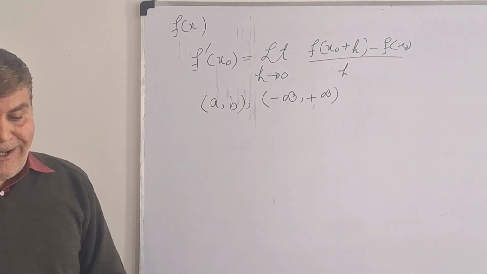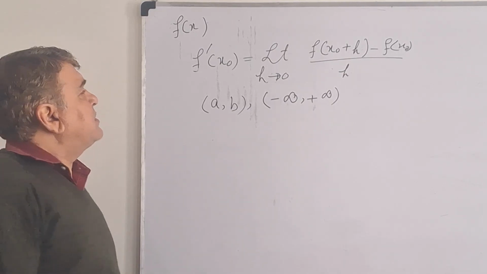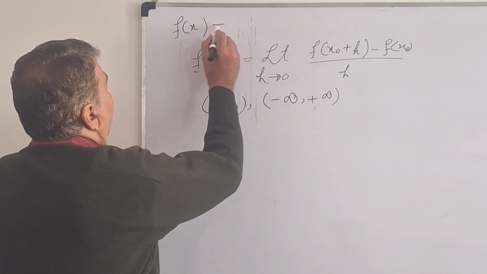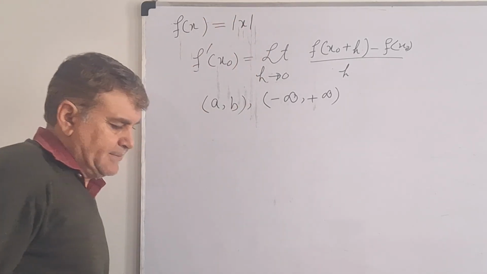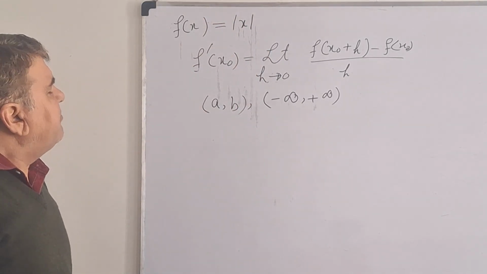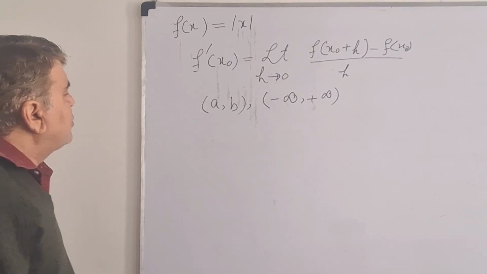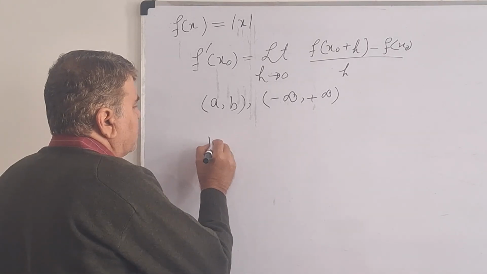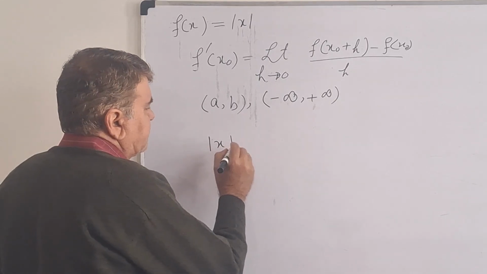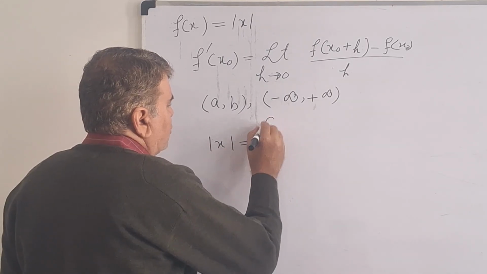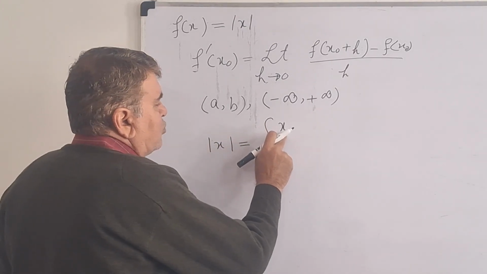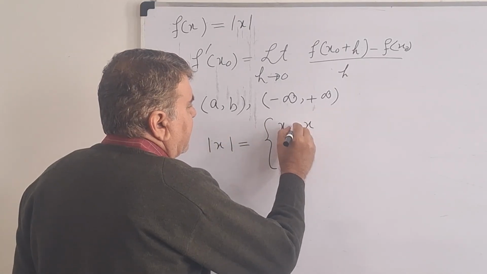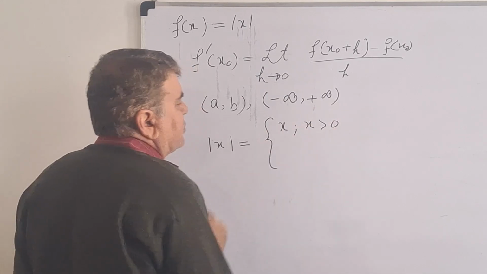Now, to understand this, I consider a function of the form modulus of x, or absolute x. From the definition of the absolute function, we know that f of x is equal to positive x if x is greater than 0.